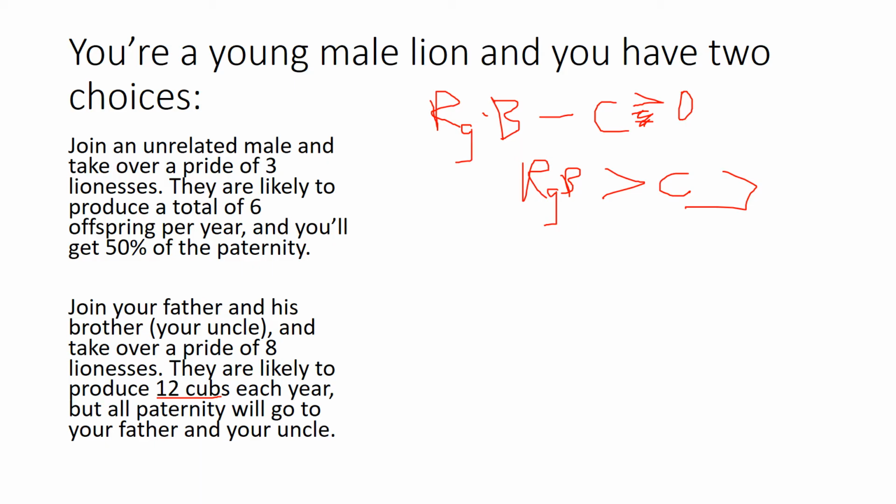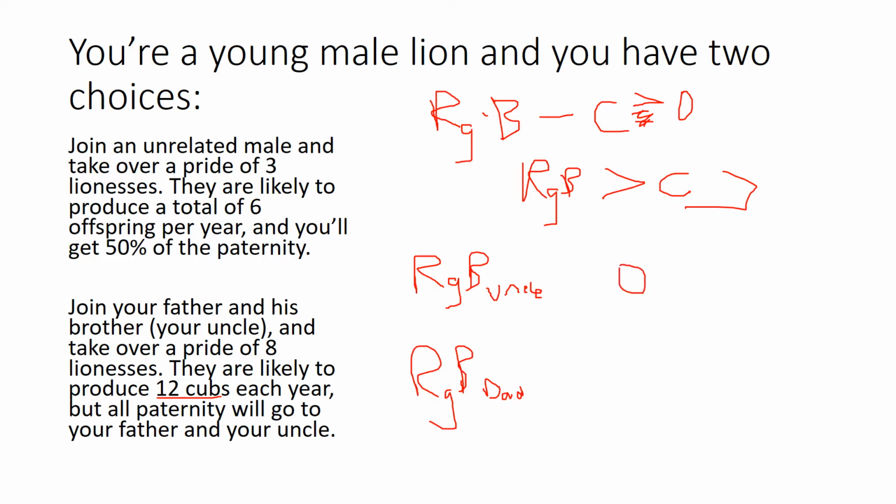So we really now have 2 relatedness factors and benefits that we need to include here. We've got RGB uncle and RGB dad. And you are going to be 50% related to your dad.